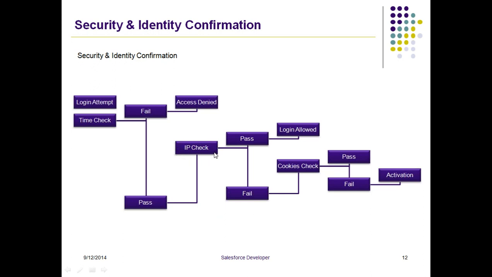If it is the correct IP address, it will pass and your login will be allowed. If it is not the defined IP address, then this test will fail. When the IP address test fails, it does not deny access, it rather takes you to the next level of check, which is called the cookies check.